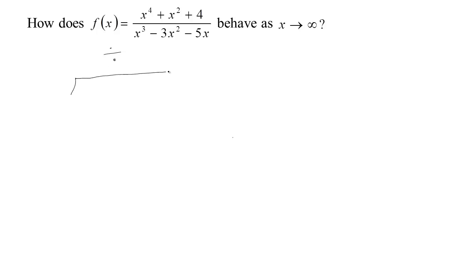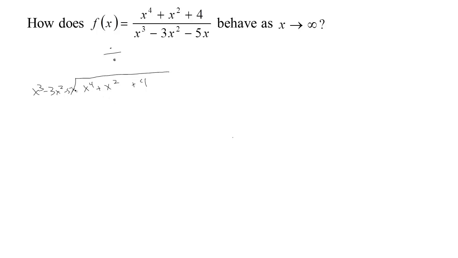So this fraction means x to the fourth plus x squared plus 4 divided by x cubed minus 3x squared minus 5x. So in order to do division, what we do is first we choose a number to multiply by, then we multiply, then we subtract, and then we keep working on what's left.